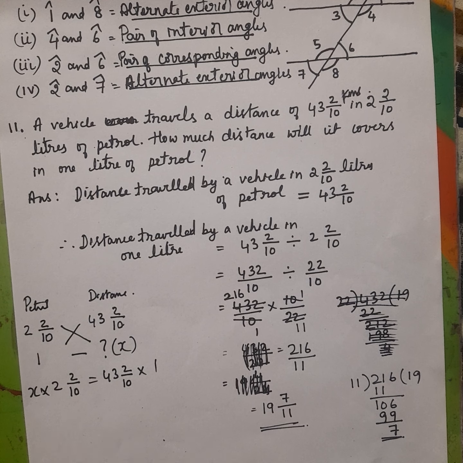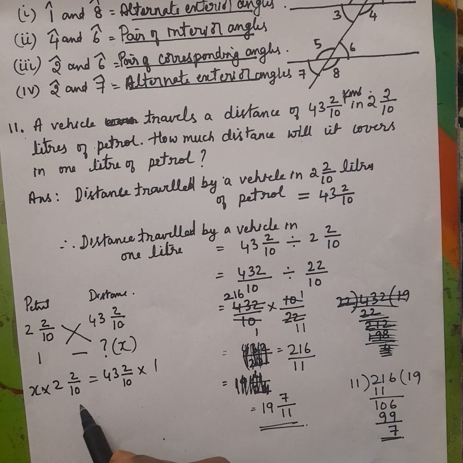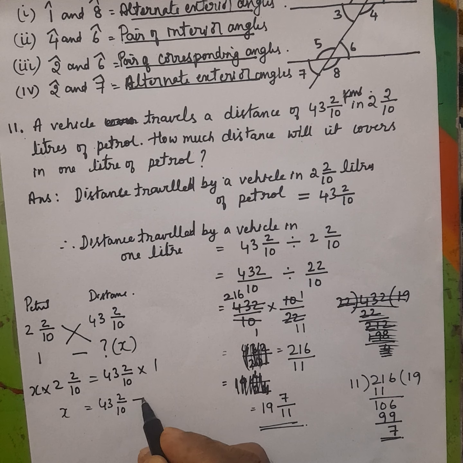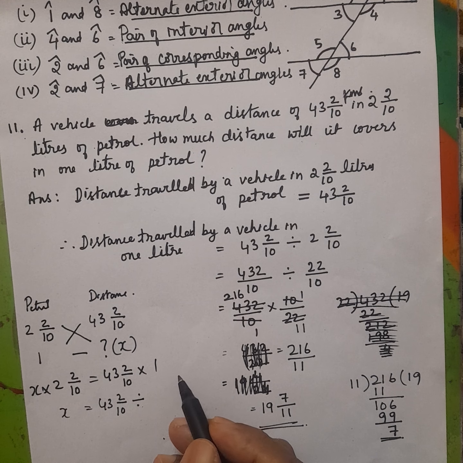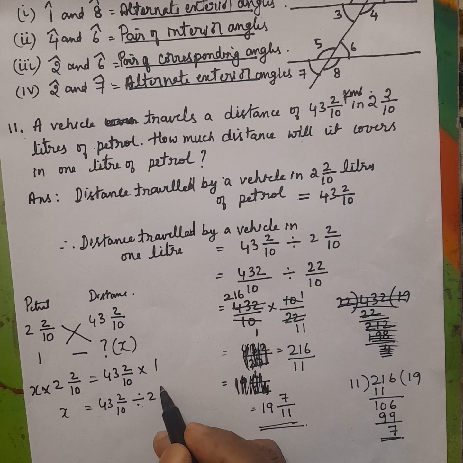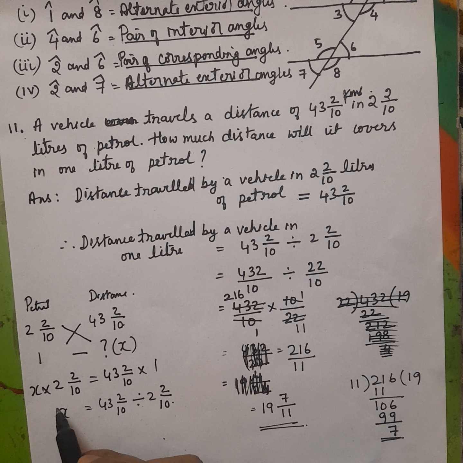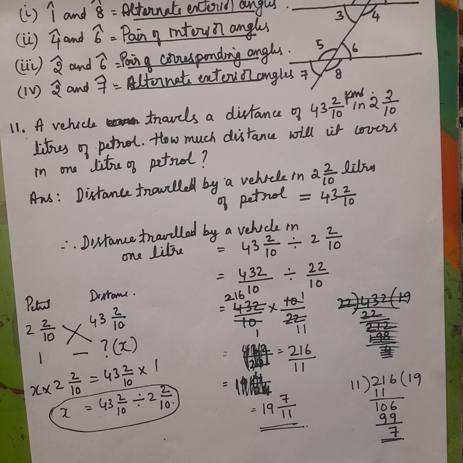Now when you solve this, x is equal to 43 2/10 divided by 2/10, since when this multiplication sign goes to the right hand side of the equation, it gets divided. Now we have to solve this equation.